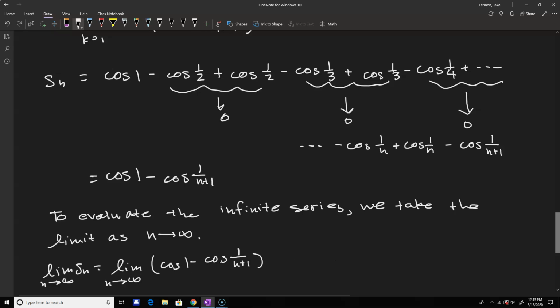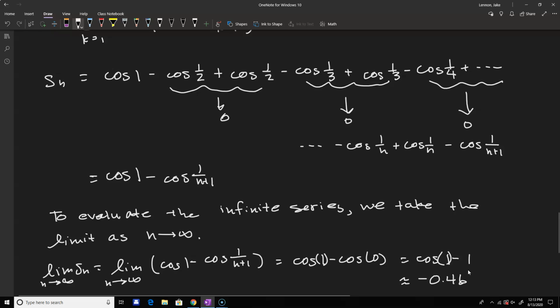When we take that limit, this is going to become the cosine of 1 minus the cosine of 0. And the cosine of 0 is just 1, so this is the cosine of 1 minus 1. If that's confusing looking, you can put parentheses around this 1 as well. So the cosine of 1 minus 1 comes out to about negative 0.46.